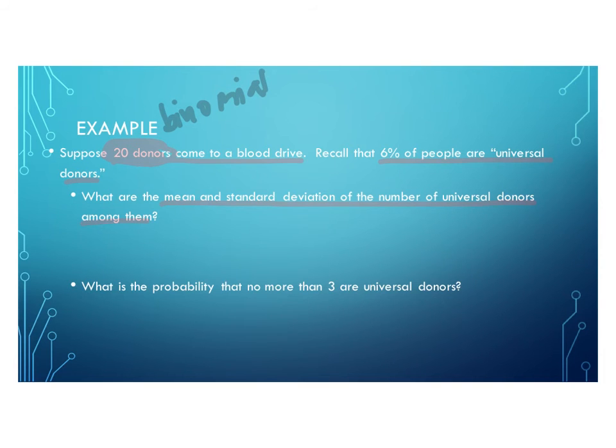Okay, so all that's left for us to do is to find the mean and standard deviation. So because it is binomial, we're going to do our E of x equals mu. And remember, you're going to take your n, which in this case is 20, times the probability 0.06. Okay, and this does end up being 1.2 donors.